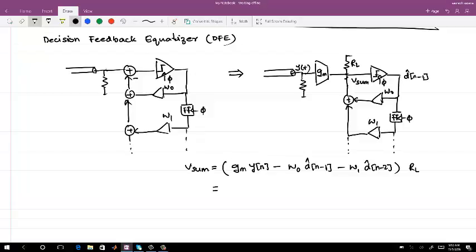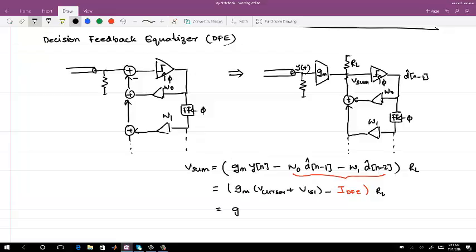Now y of n consists of your cursor and ISI, so I can write GM as V of cursor. V of cursor is the main cursor, the current bit which I want to estimate, plus the contribution due to the ISI, minus all of this term, W0 times D of n-1 plus W1 times D of n-2, which I can say equals I DFE. This is all the contribution coming from the feedback taps, times RL.